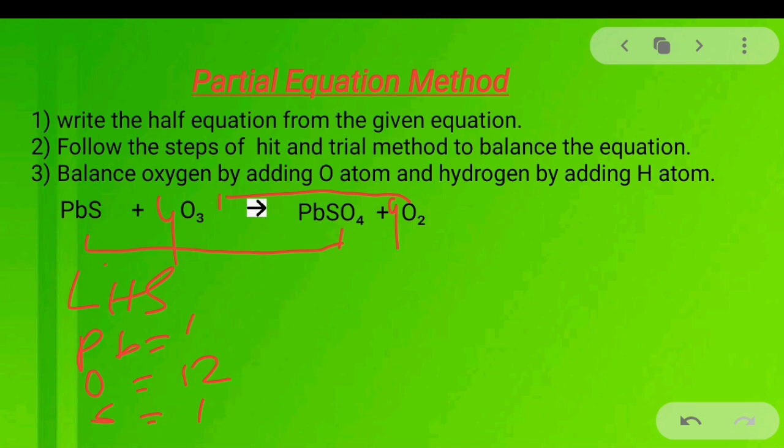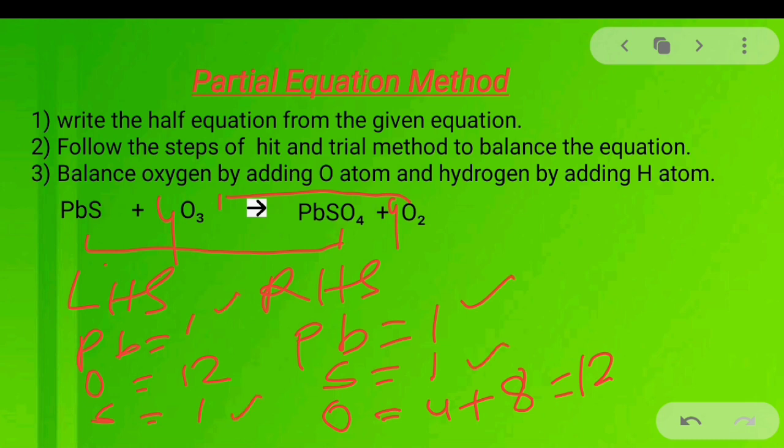Now, in RHS, the Pb is equal to 1, sulfur is equal to 1 and oxygen is equal to 4 plus 8, which is 12. Now Pb balance 1, 1, sulfur balance 1, 1 and oxygen balance 12, 12. So the equation is balanced.